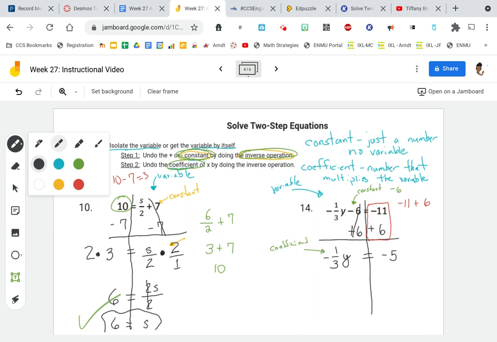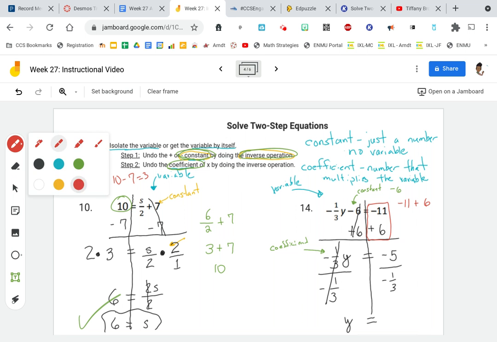The opposite of multiplying by negative 1/3 is dividing by negative 1/3. But what we do to one side, we do to the other. Negative 1/3 divided by negative 1/3 is 1, a positive 1, y, which is just y.